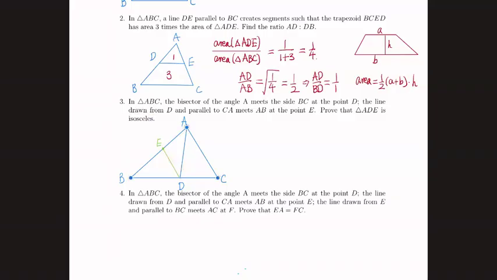Okay, E is the midpoint of AB, and why is that? Is D the midpoint of BC? No. So AD is the angle bisector.